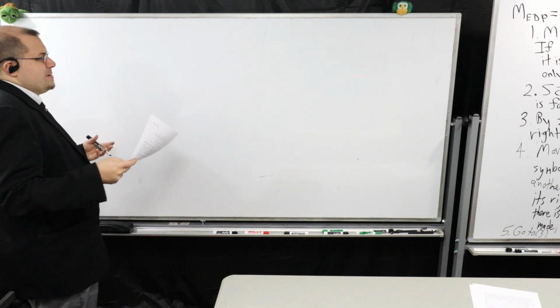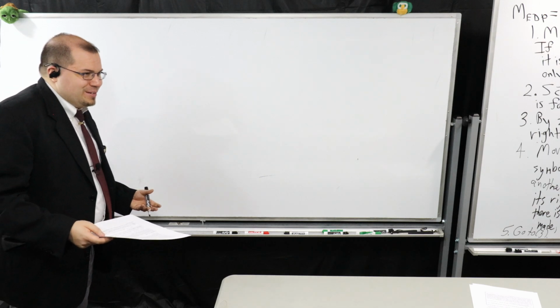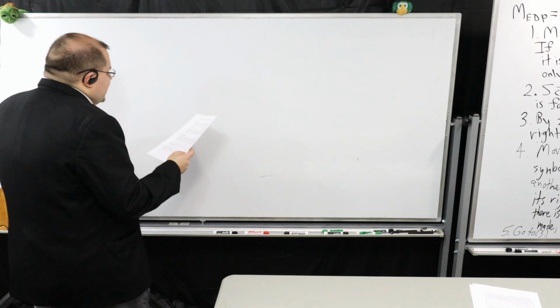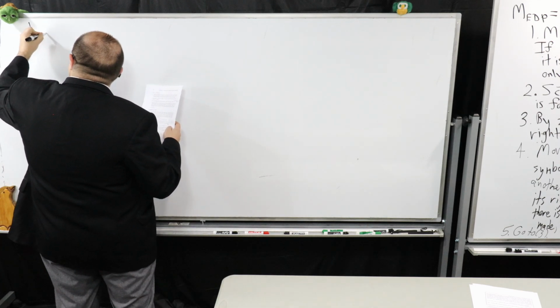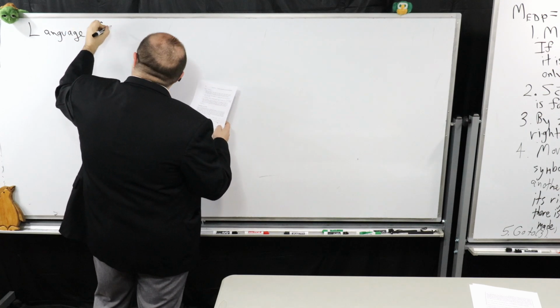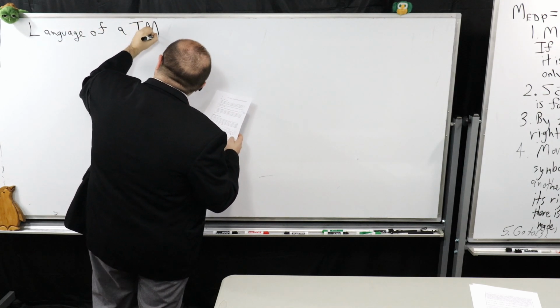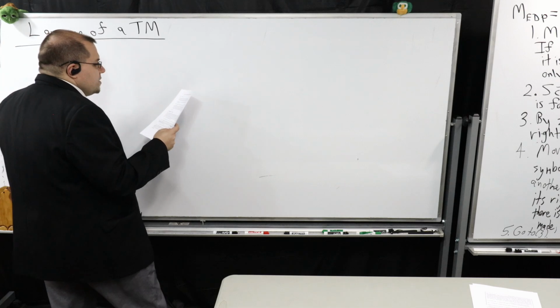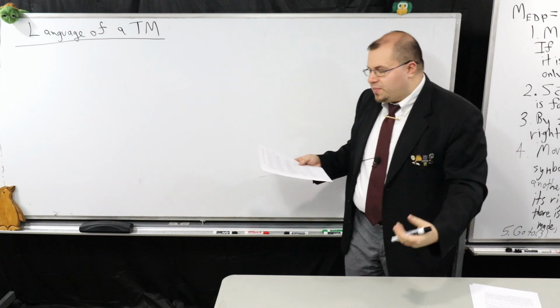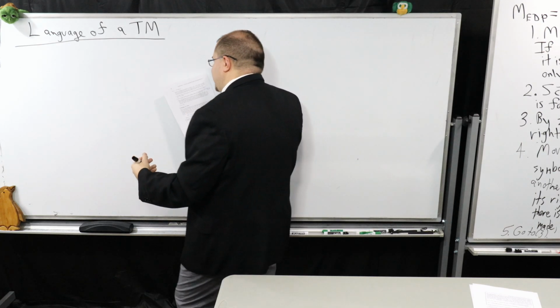Why? Because these Turing machines can get really complicated really fast when you want to do some really interesting stuff. So I want to talk next about the language of a Turing machine. I must stress that there are several equivalent ways to define the language of a Turing machine.